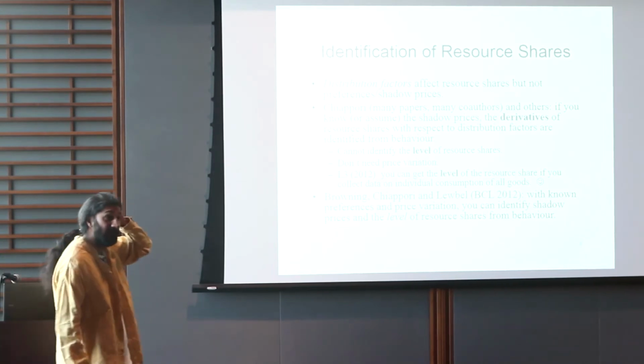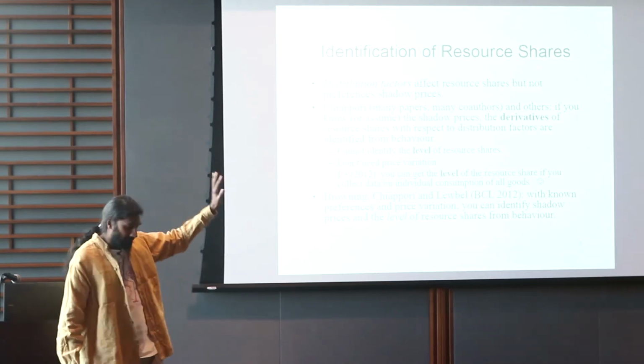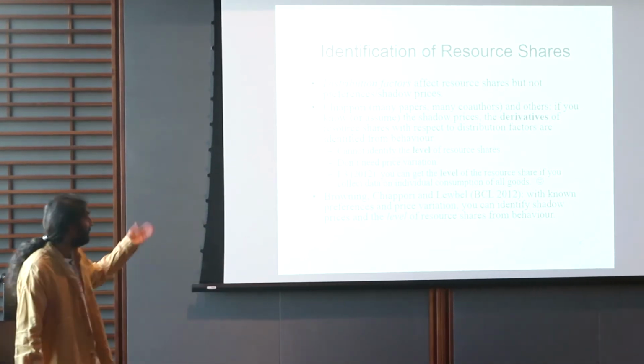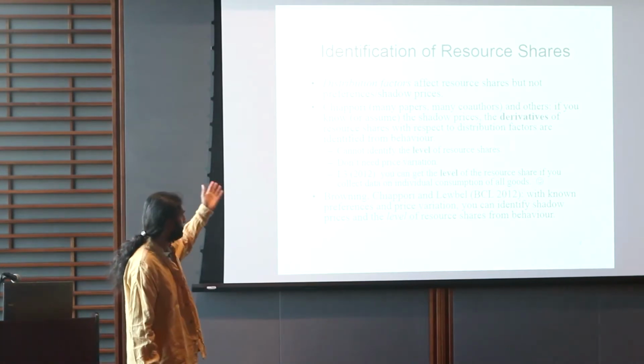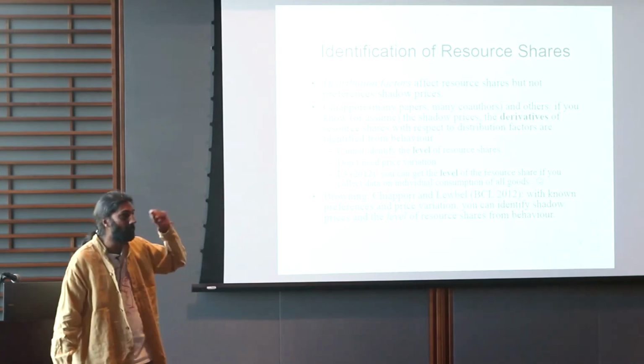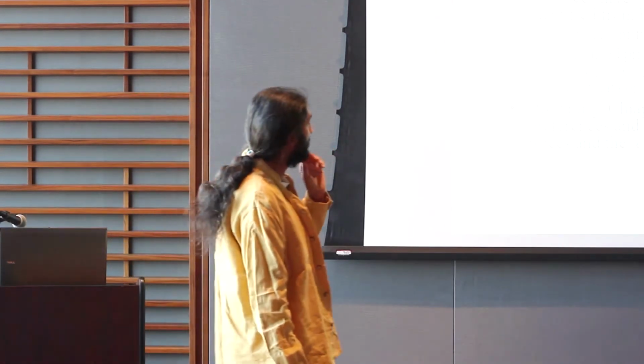So how can you identify these resource shares? There's a long history of work that Arthur referred to as the C model, wherein you can identify the response of resource shares to things called distribution factors. Distribution factors are things that affect resource shares, but not preferences or shadow prices.